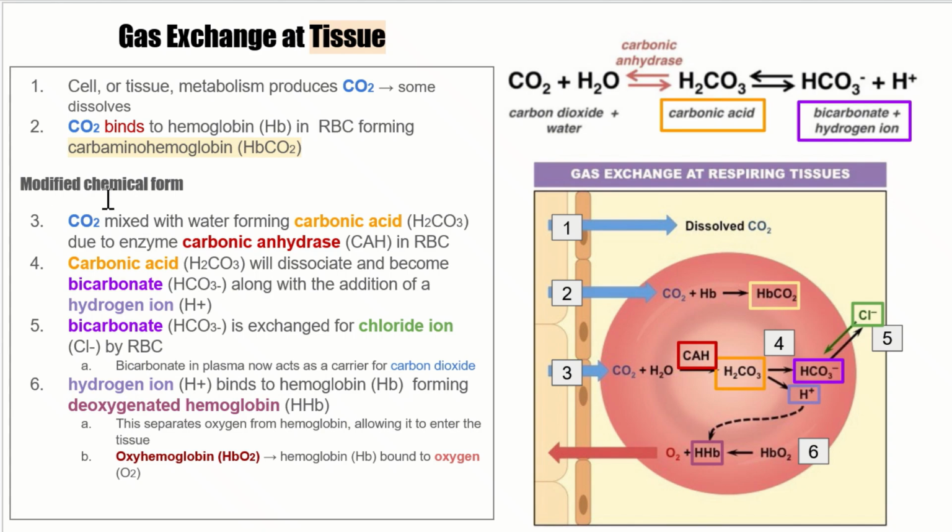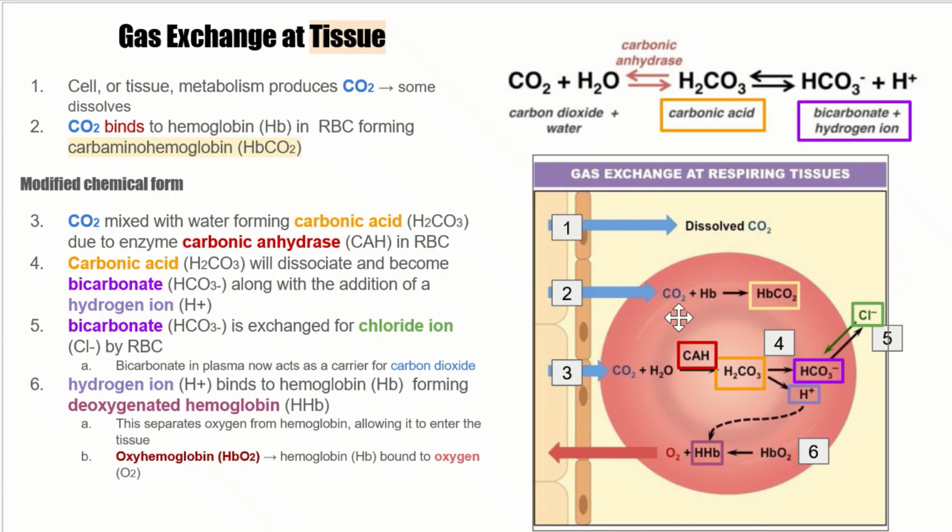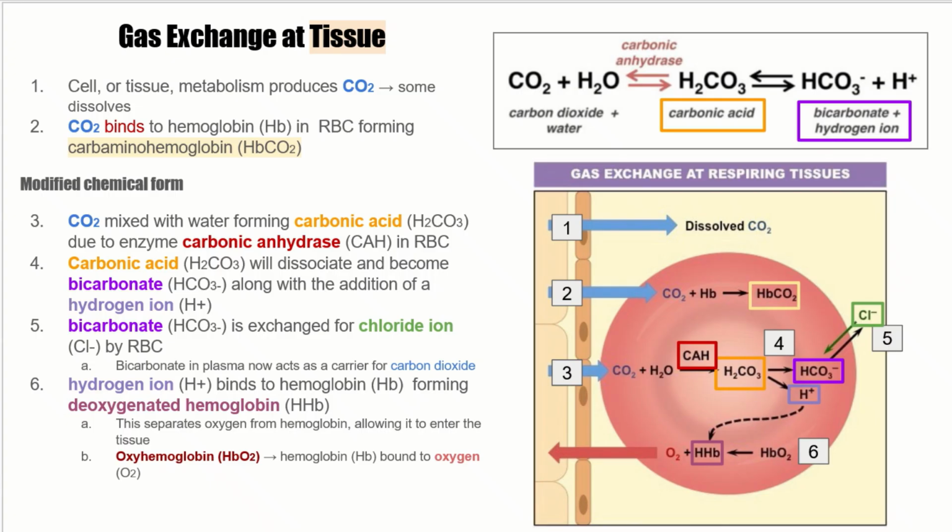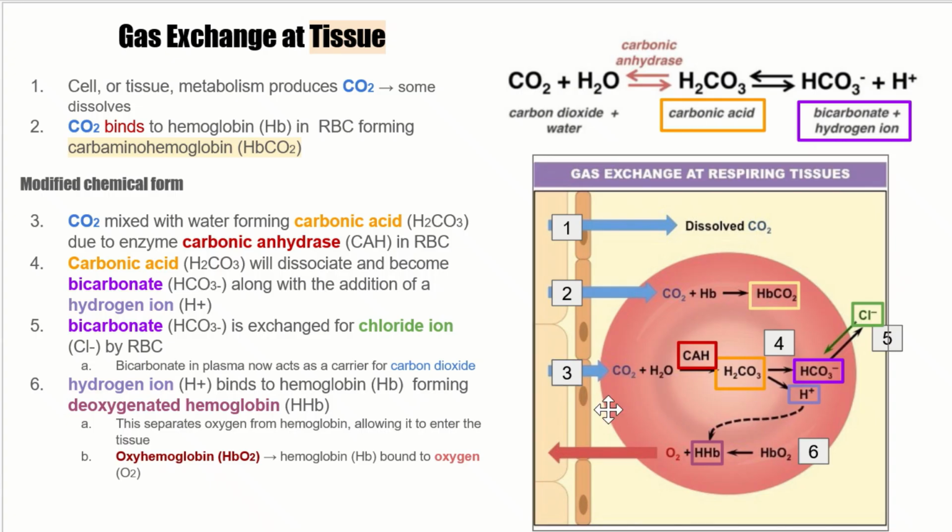But again, here we have that modified chemical form. So it's like, okay, here we're starting off with that CO2. Sorry, I was pointing at the wrong area. So here we have carbon dioxide. It's going to mix with water, H2O. We know this guy. We've seen this guy a lot since we were in middle school.